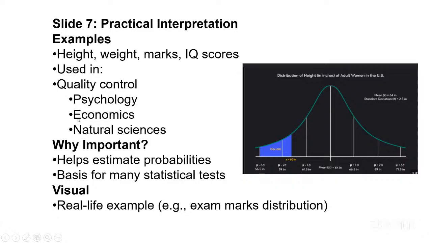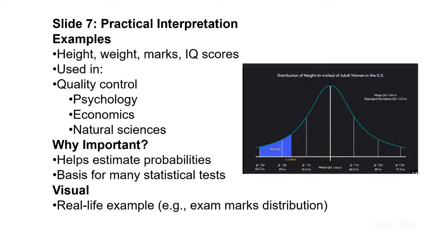Why is it important? Because it helps estimate probabilities and is the basis for many statistical tests. Whenever we do testing, we usually assume that the data set tends to be normal.